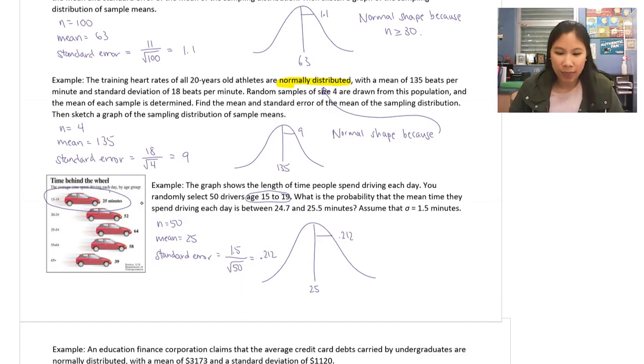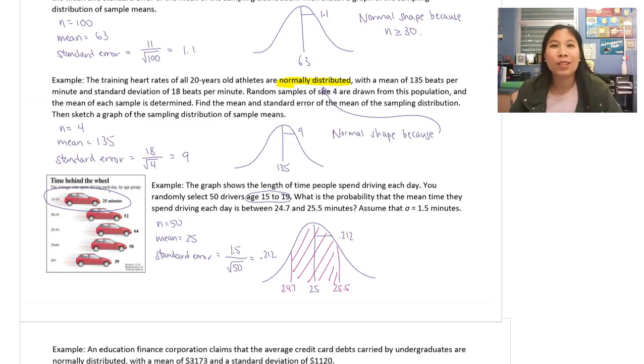Okay, then they're asking for the probability that the mean time they spend driving each day is between 24.7 and 25.5. So if I were to draw this out in my picture, 24.7 would be somewhere to the left of 25, 25.5 would be somewhere to the right. And so we're basically calculating an in-between area.